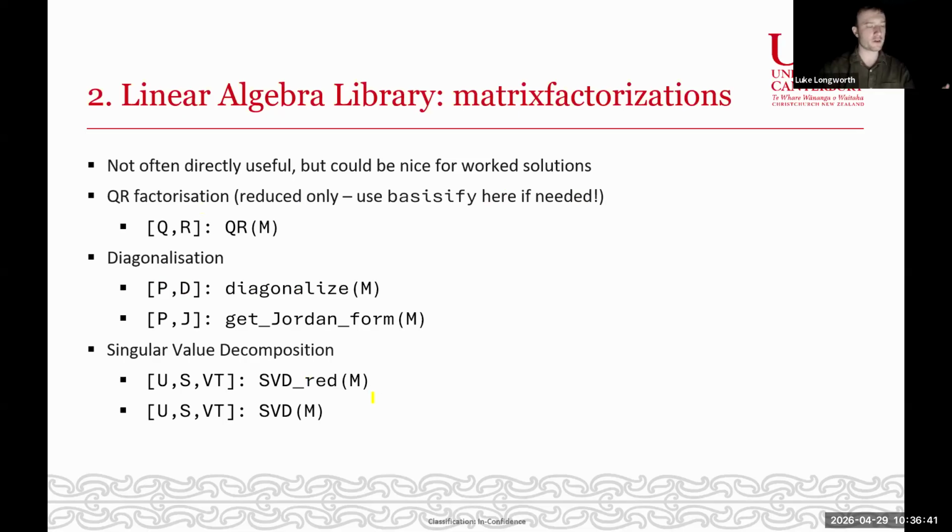And there's some SVD functions here. SVD red, that's reduced, so it produces the sigma that is invertible, and the U and V that have orthonormal columns but are not necessarily orthogonal themselves.